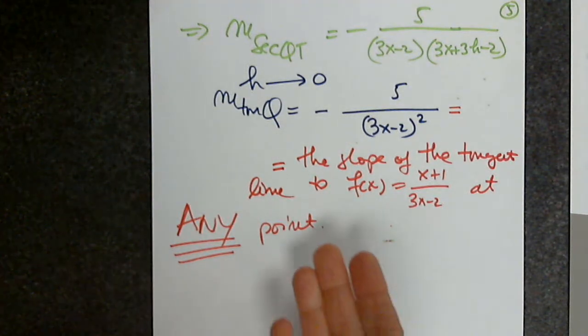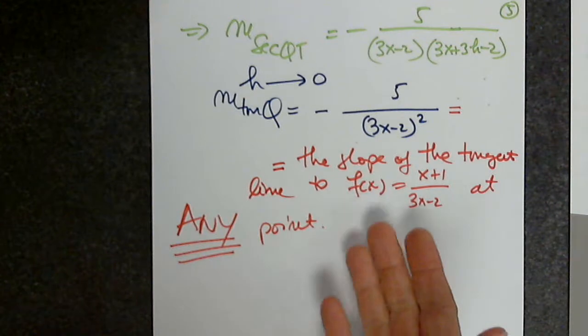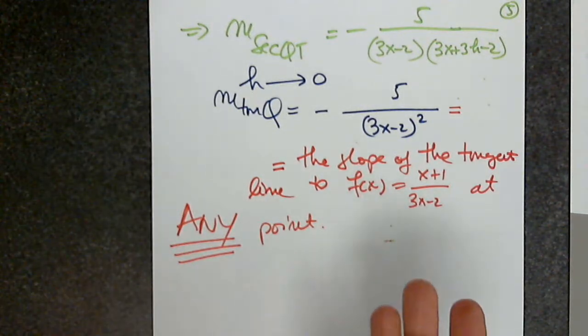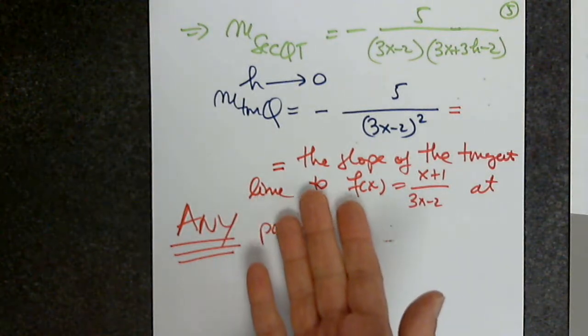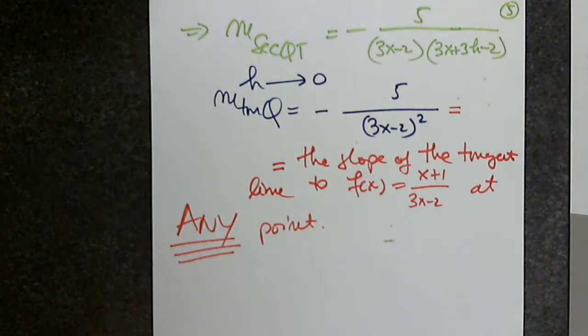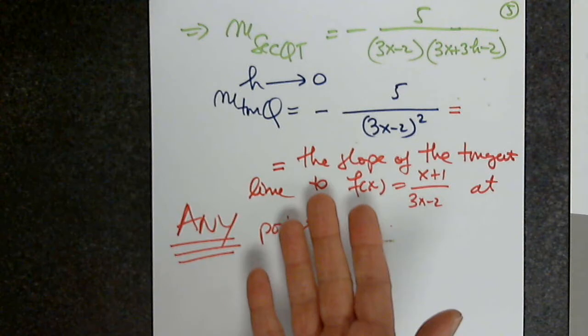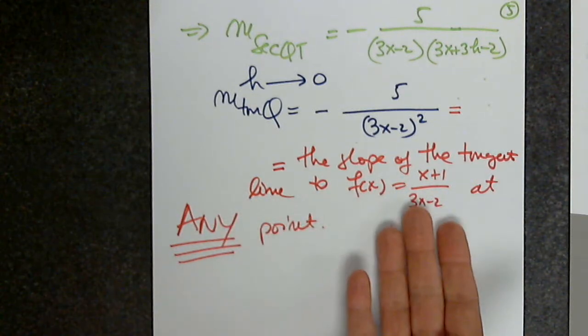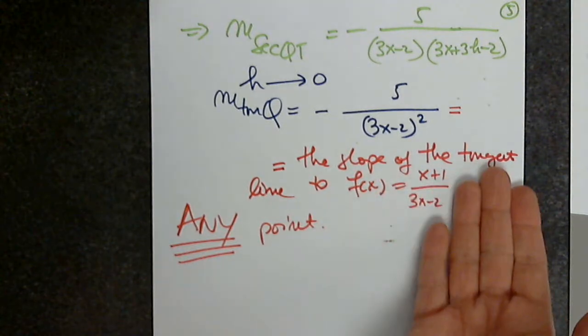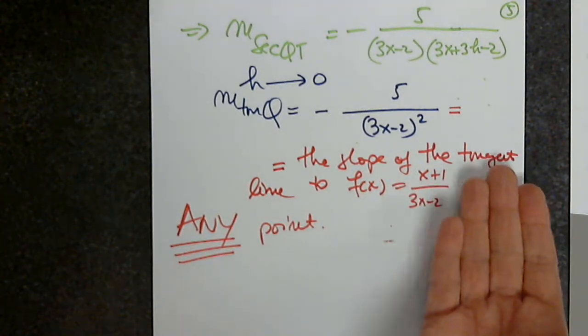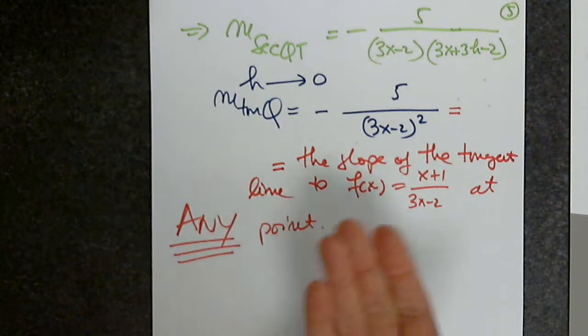Okay? So there is an if here. But everywhere where the function is defined and it has a derivative, which I cannot speak of right now, we will do that in this chapter, then the function will have a tangent, and it will have a tangent with one unique slope.